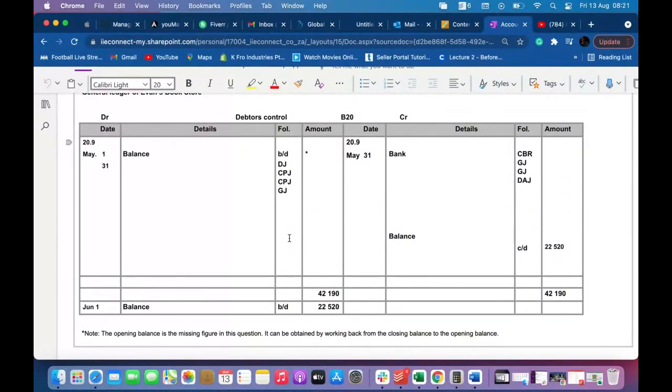So if you look in your textbook at your sales plus VAT, on your debit side where you see the folio DJ, you'll see the amount there is 26,000. They're saying that amount is higher than what it should be.